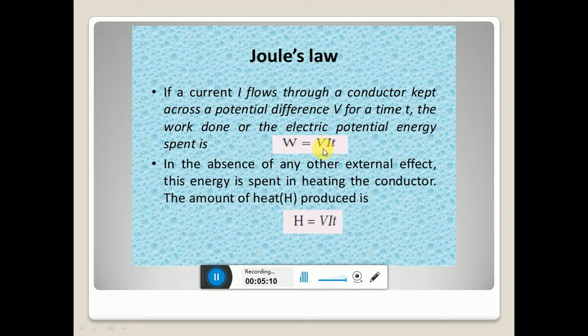Already we studied W is equal to VQ in the previous topic, V into the charge of the charged particle. So W is equal to V into Q. In place of Q, I can write I into t, current into time. So the work done can be transferred into the amount of heat produced. So heat produced is equal to V I t.